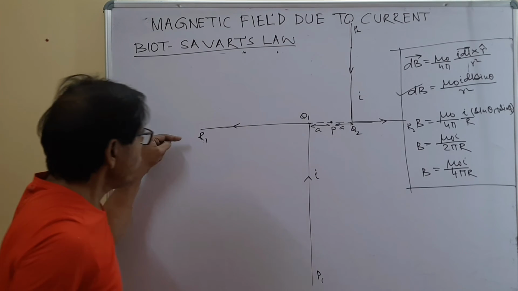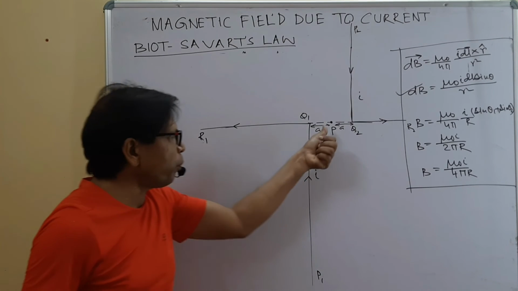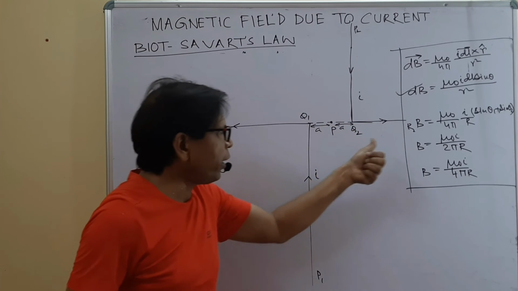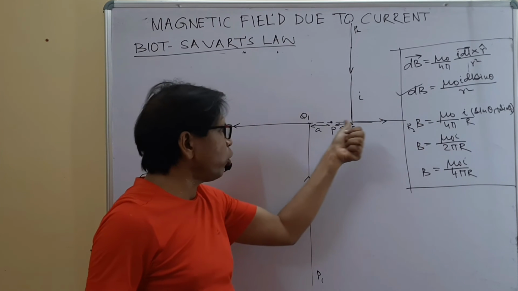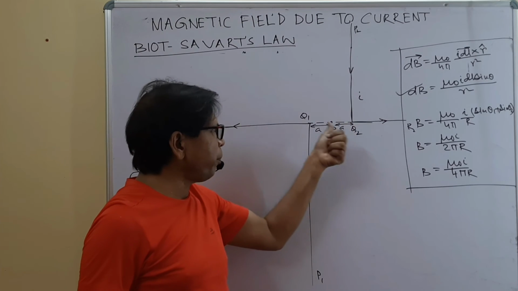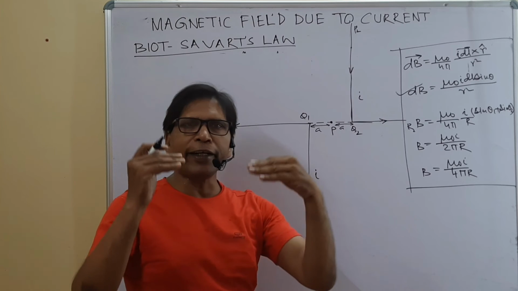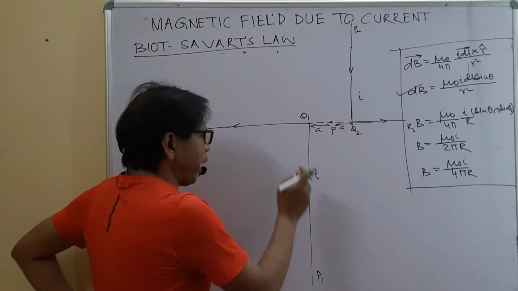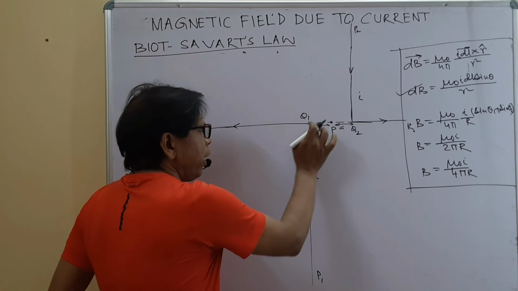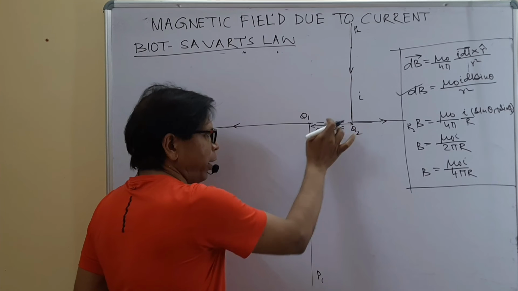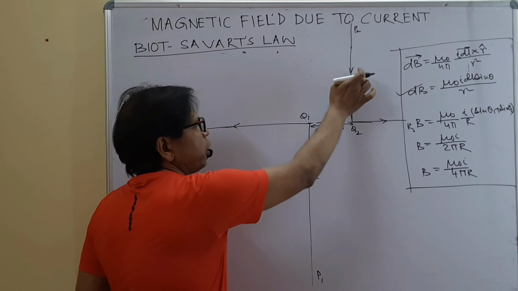This portion cannot produce a magnetic field at the point P and this portion also cannot produce a magnetic field at this point, because the point P is on the extended line of these portions. So we have to calculate the magnetic field at the point due to this portion and this portion.